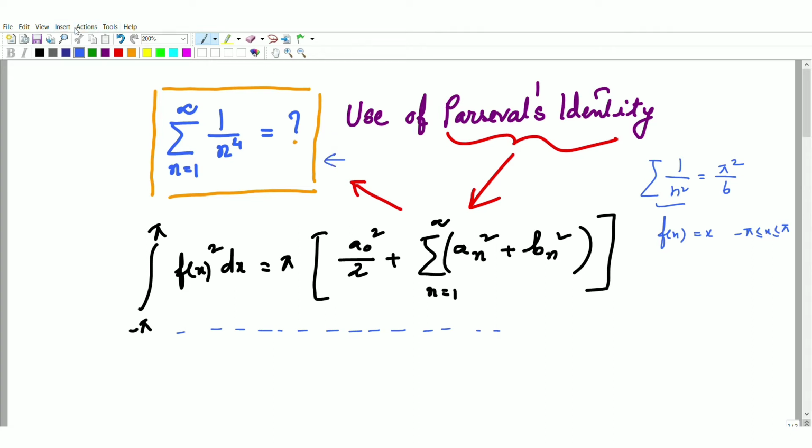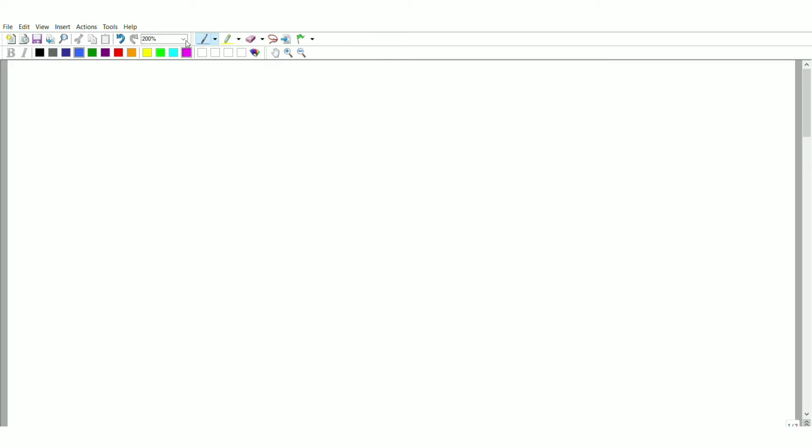For this we have to start with the function f(x) equal to x square, which is an even function, and this is the interval. So I already mentioned yesterday that to get some specific summation, like here 1 by n to the power 4, we have to start with this function.